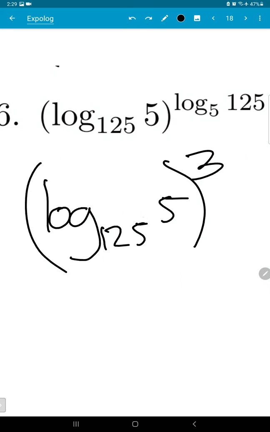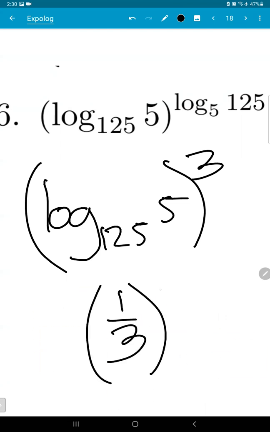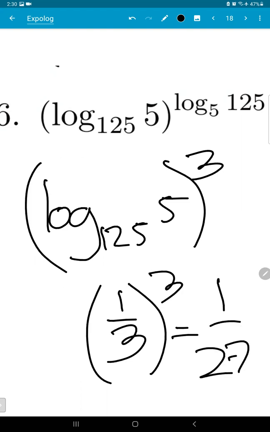What should I raise 125 to get 5? Madali na yan eh. Kanina 3, this one. What should I raise 125 to get 5? 1/3. Cube root lang kasi yan eh. At ano ang cube root ng 125? 5, since 5 times 5 times 5 is 125. So 1/3 cubed.